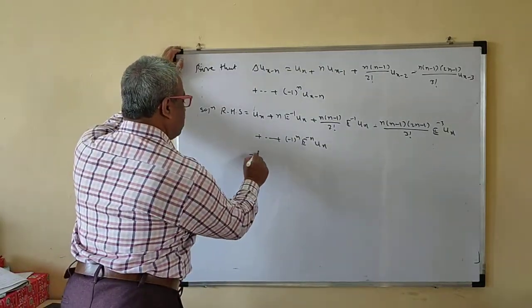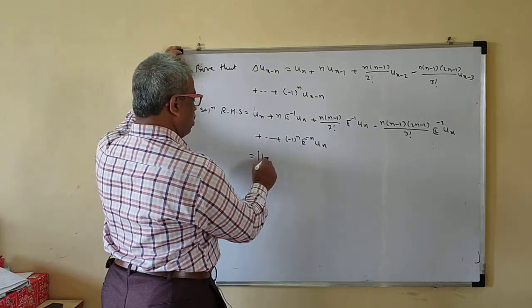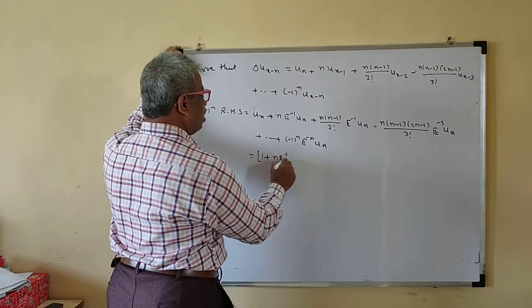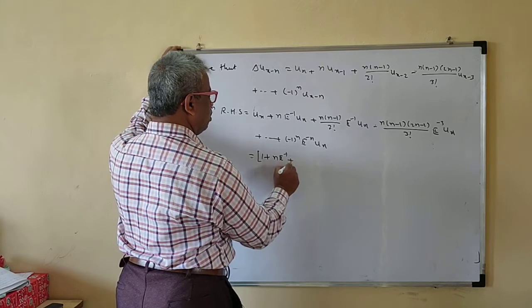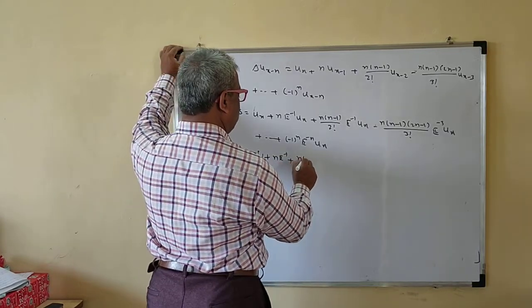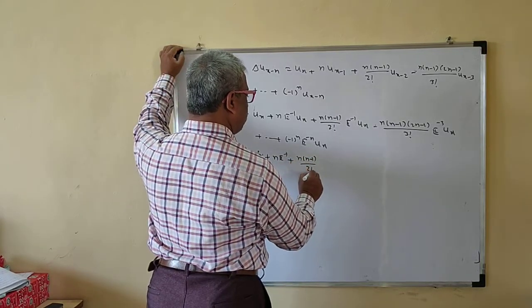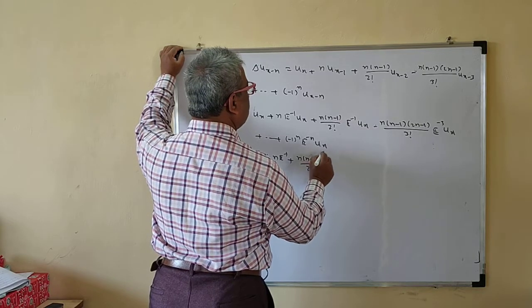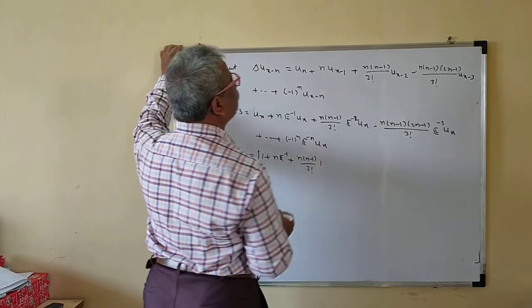If I take common, this is 1 + n e^{-1} + n(n-1)/2! e^{-2} + n(n-1)(n-1)/3! e^{-3} + ... + (-1)^n e^{-n}, all acting on u_x.